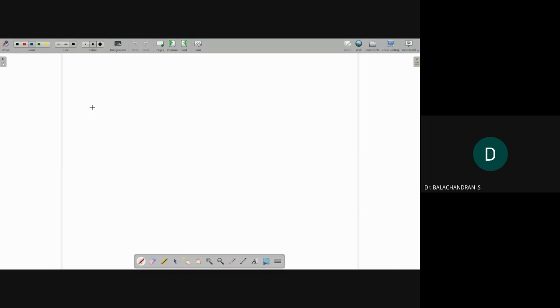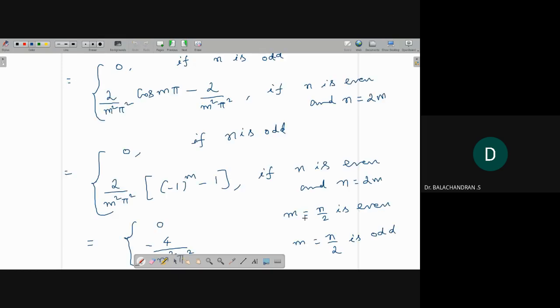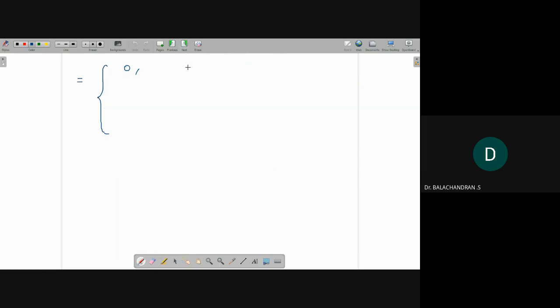So now this is equal to 0. If I'm writing in terms of n, n should be a multiple of 4.